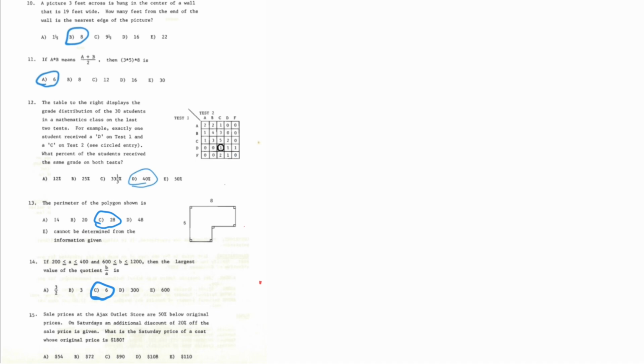Number 15. Sale prices at the Ajax outlet store are 50% below original price. On Saturday, an additional discount of 20% of the sale price is given. What is the Saturday price of a coat whose original price is 180?